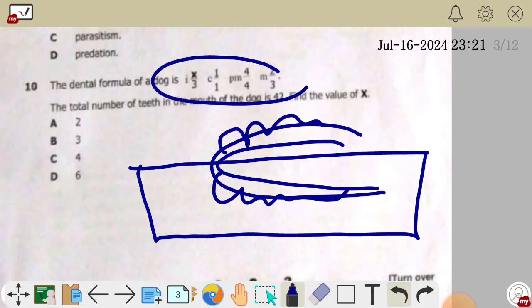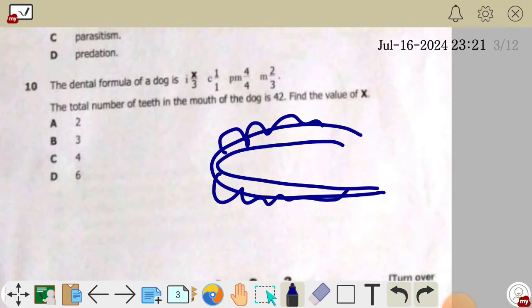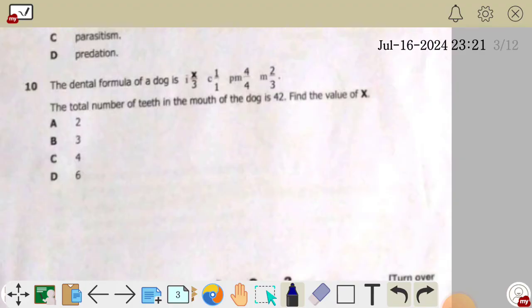That is what is portrayed there. In a dog, we know that incisors, we have 3 on the upper jaw and 3 on the lower jaw. So if we know the number, you can just go direct there and pick the correct answer. But in some cases where you have forgotten the number of incisors in the upper jaw, what you can do is use this total number.